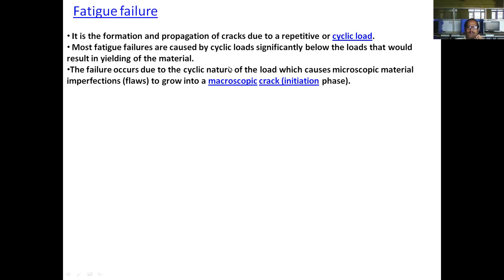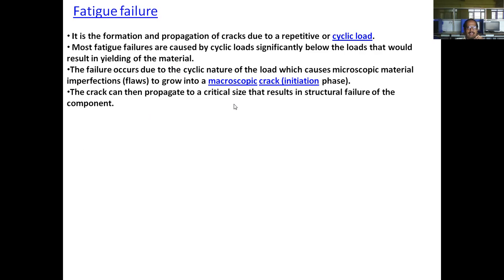Under cyclic loading, the crack starts initiation, which then becomes macroscopic and visible. The crack then propagates to critical size, which results in fracture. So due to flaws and cyclic loading, microscopic cracks propagate.